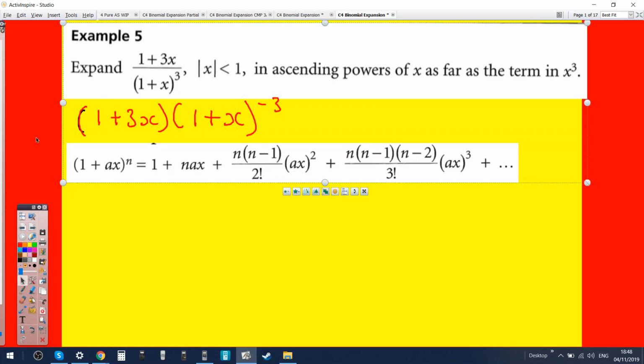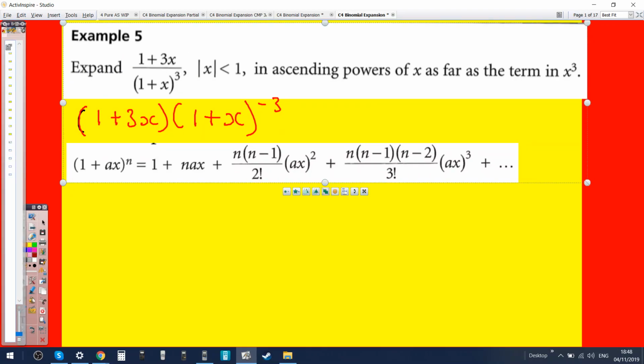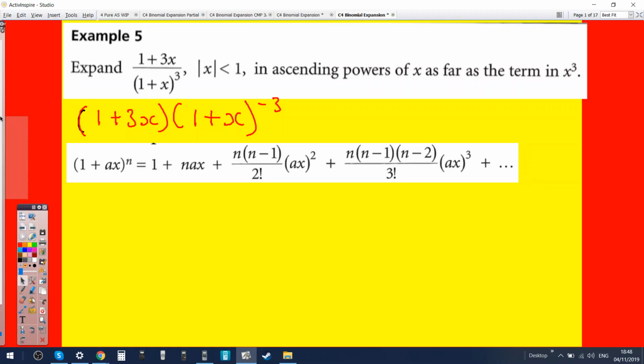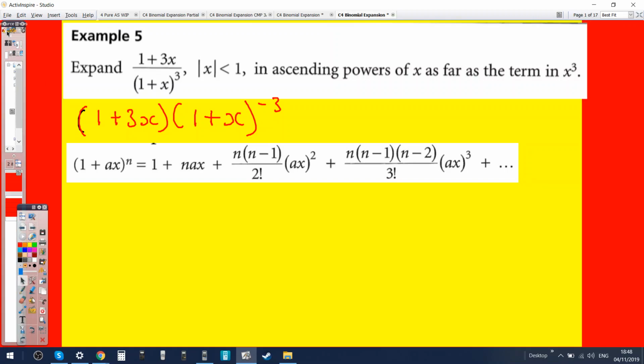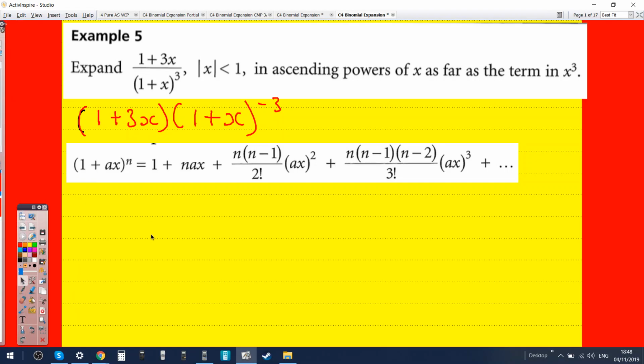So we raise 1 plus 3x, 1 plus x cubed, which becomes 1 plus x to the minus 3. And here we have 2 brackets. So do we multiply them?